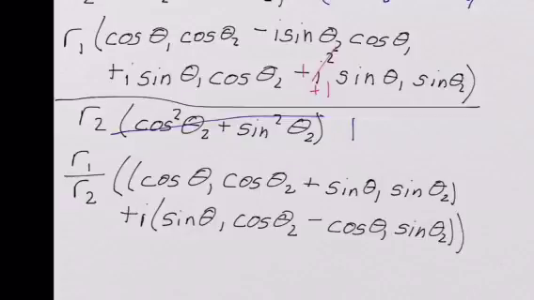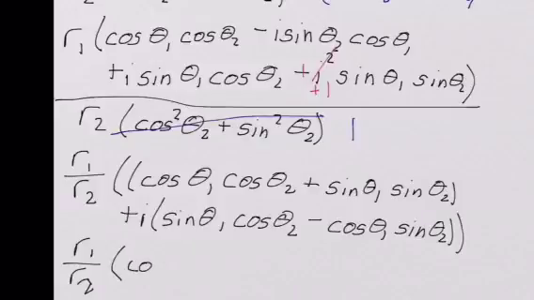The real part is simply, still have the R1 over R2 out front. Real part of that is simply the cosine of the difference. Let me write that a little bit better.